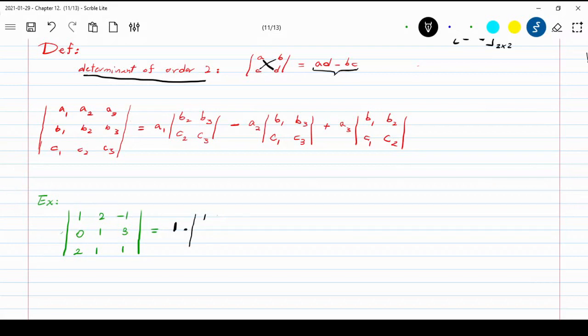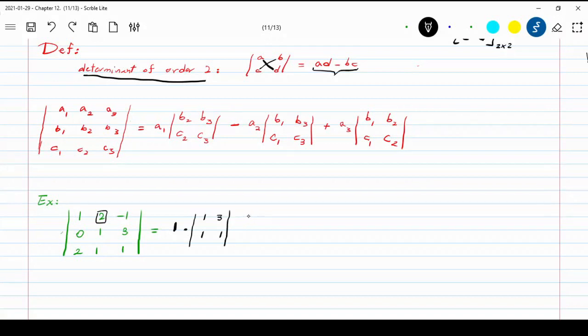The determinant of 1, 3, 1, 1. So this would be the submatrix left over if you remove the first row and first column. If you pick this entry, minus 2 times, you remove the first row and the second column.